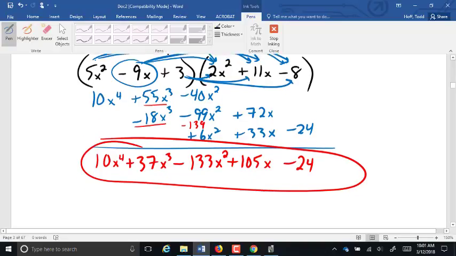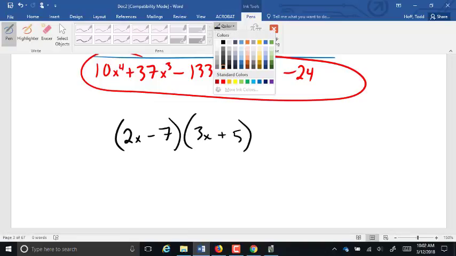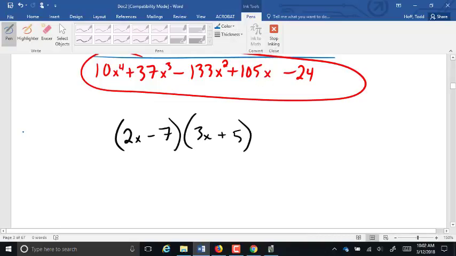I am going to step back for a second and look at these again. 2x minus 7 times 3x plus 5. And we're going to do the 2x times the 3x, of course.